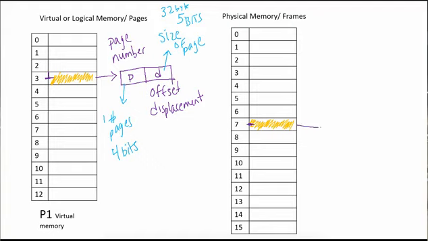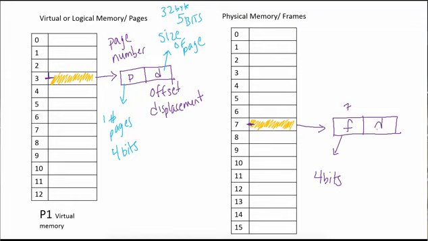So this is going to generate a physical address. The physical address is going to be made up of the frame number, which in this case is frame 7. If I have 16 frames available, I'm going to need 4 bits for that as well. If there were more frames, it would be different, but they just happen to be similar in size.